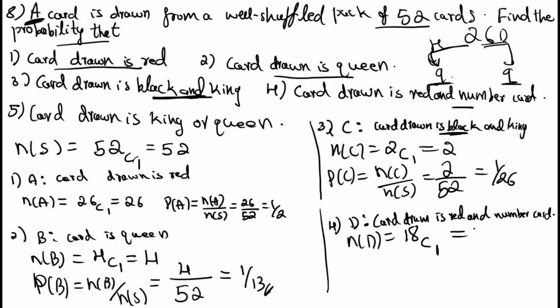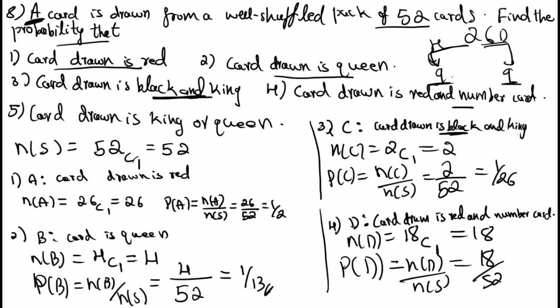So 18C1 is equal to 18. So probability of D is equal to n of D divided by n of S. It's equal to 18 divided by 52. Simplify this one. Its value is equal to 9 by 26, since 2 nines are 18 and 2 twenty-sixes are 52. So the answer is 9 by 26. This is how to solve the questions directly.